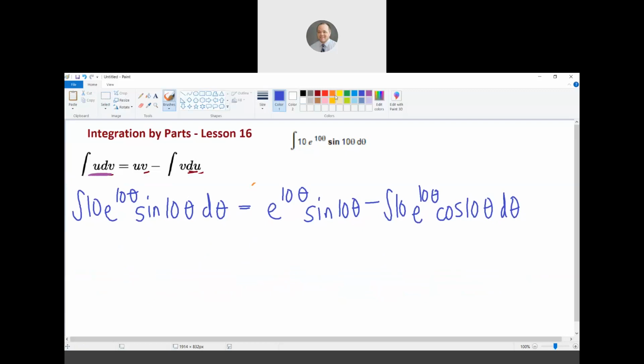Now, on to round 2. Still going to let u be our trig function and dv be our e function. All right, here we go. u equal to cosine of 10 theta. Oh, no, we don't need the d theta part, sorry.